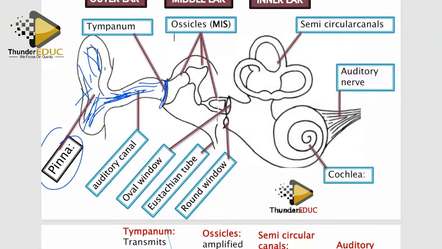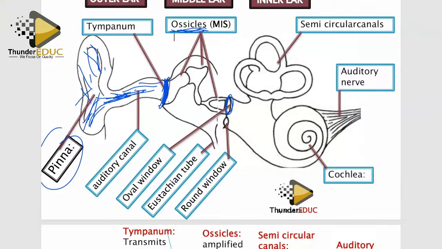The auditory canal transmits this wave into the tympanic membrane. The tympanic membrane will vibrate. Once the tympanic membrane vibrates, it causes the ossicles to also vibrate, transmitting the vibration into the oval window. The ossicles also amplify the vibration.